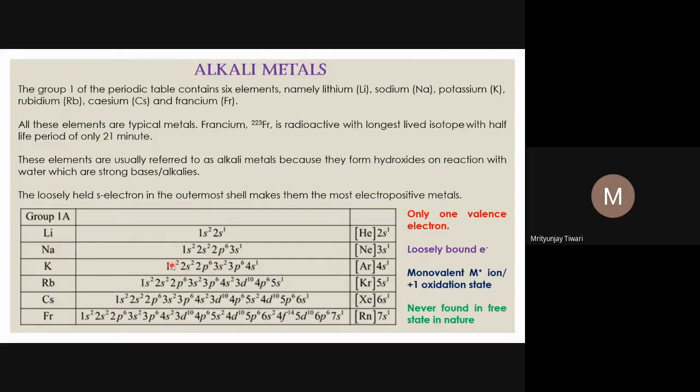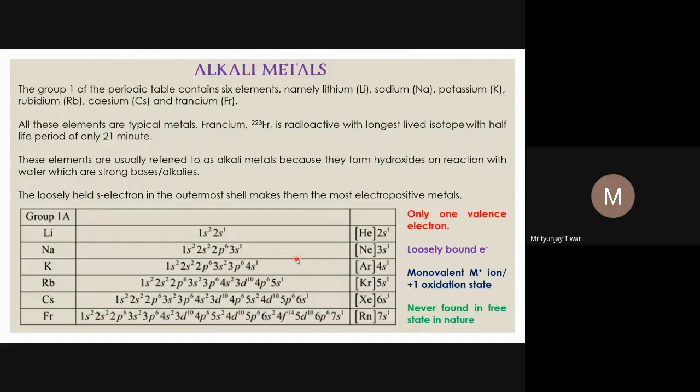So you can write potassium's configuration up to where the 19 electrons are filled, and in all the cases we have seen so far, the last electron goes to an s orbital. So all these elements belong to the s block, and they all have one electron in the outermost shell, so they are part of the first group.